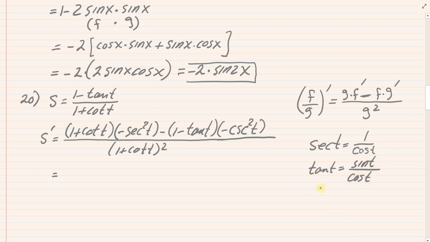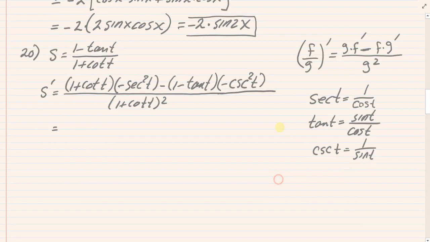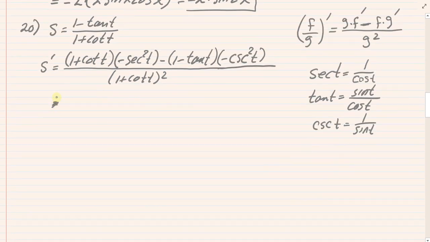And of course, cotan is the reciprocal of that. Cosecant is going to be 1 over sine. Because what we want to do is eventually convert these to sine and cosine. Okay, and then maybe they can simplify that way a little easier. All right, so in fact, I'm going to convert all of these to their respective sine cosine form.